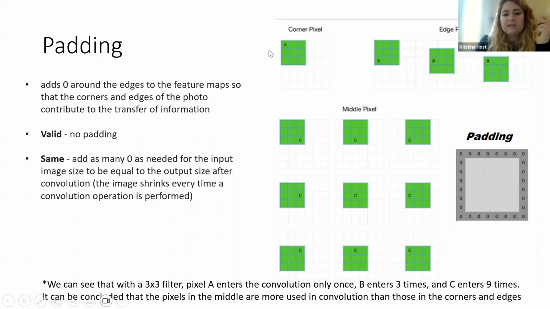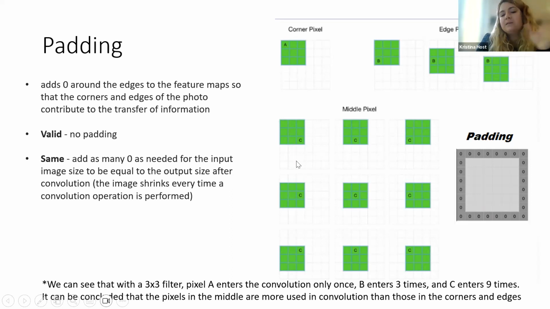Because if you can see here, for example, this corner pixel, if we have a 3x3 filter that is sliding through the image, it's taken into consideration just once. The edge pixel, the pixel on the edge, is taken into consideration, for example, 3 times.